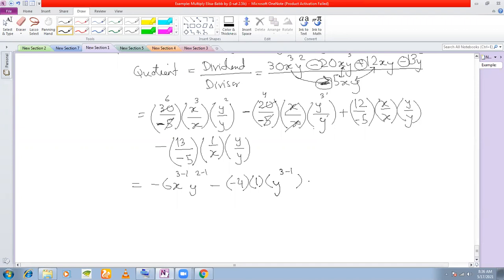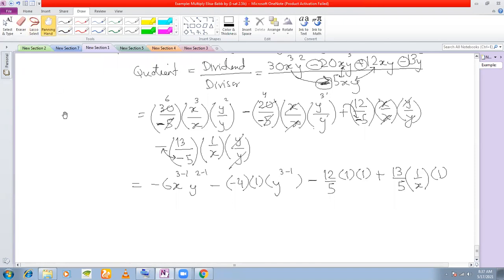And next you have, see, you have a minus sign here in the denominator. This plus sign will combine with this minus sign to give you a minus sign. 12 by 5. This x will cancel, will give you only 1. And this y will also cancel, it will give you a 1. Again, these two minus signs are going to combine to give you a plus sign here. But 13 by 5, this y will cancel, so only 1 by x will remain.